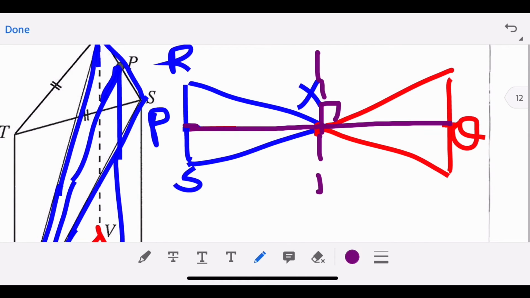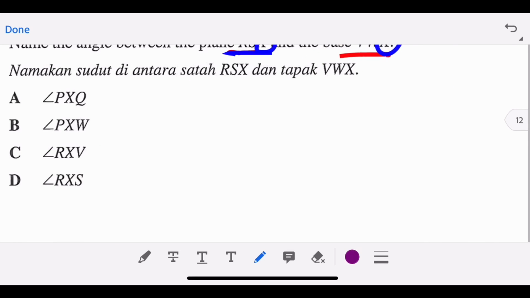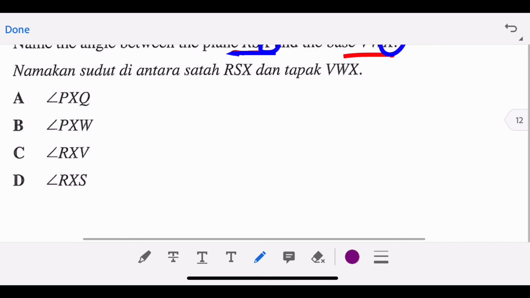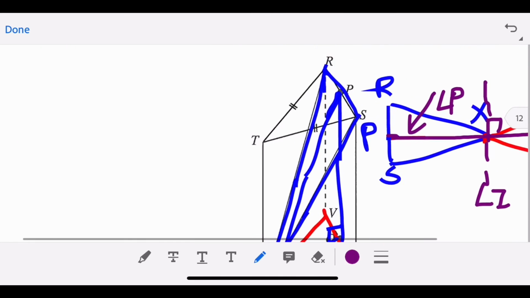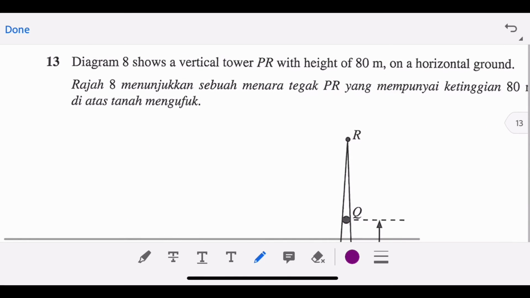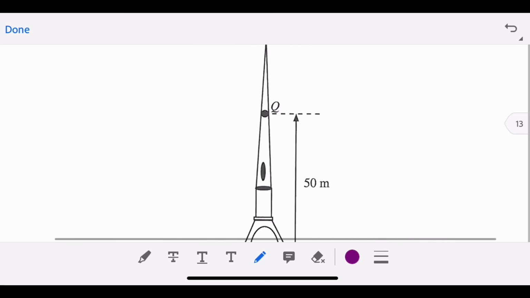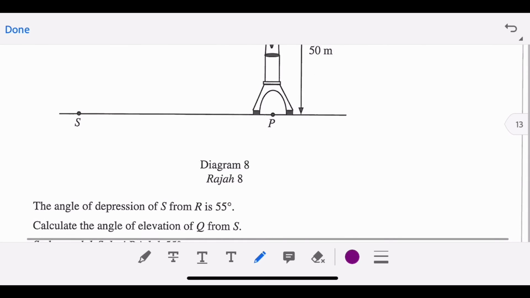So there is 90 degrees between the line of perpendicular and the line of intersection. Alright, so we have managed to find the answer for this one. This is A, angle PXQ. Now let's proceed to the next one, which is about the angle of depression.